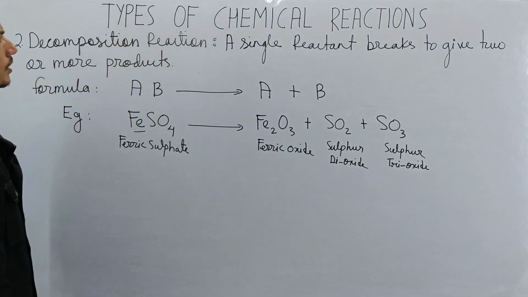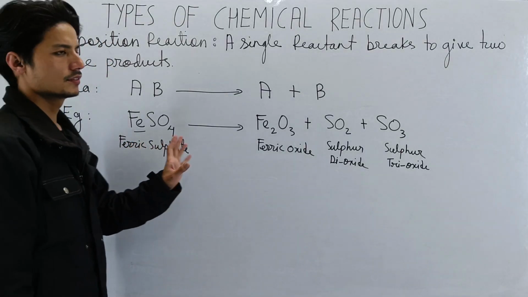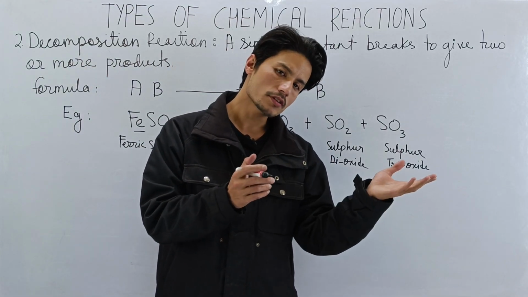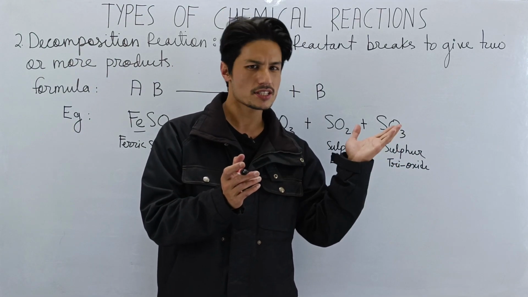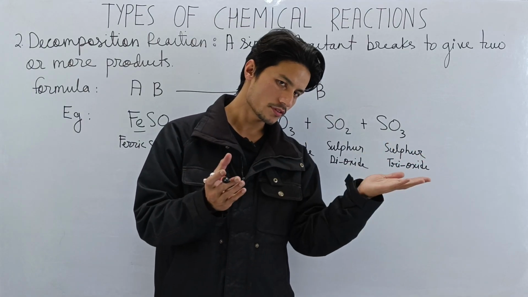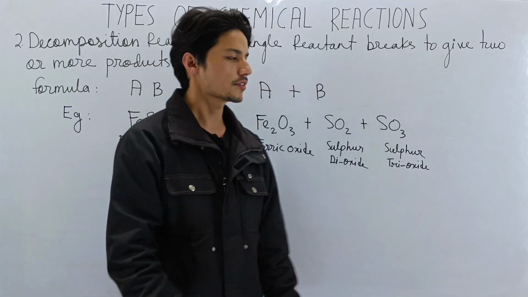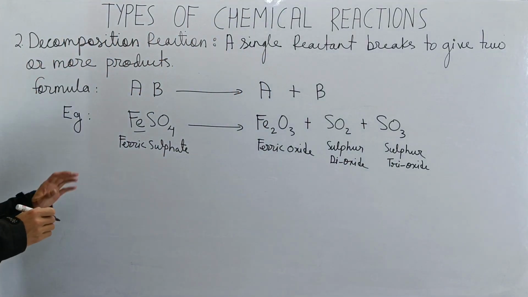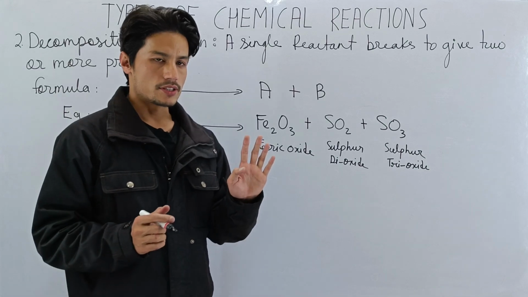Now remember that decomposition reactions are opposite of which chemical reactions? What did I just say earlier? I have mentioned this, that decomposition reactions are opposites of combination reactions. So remember that.